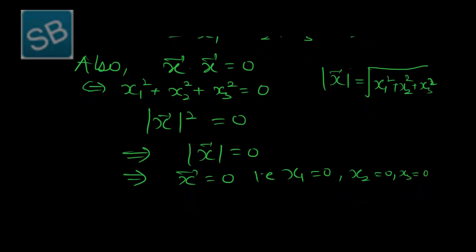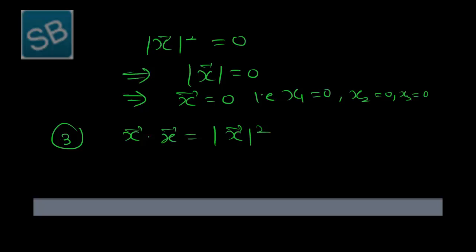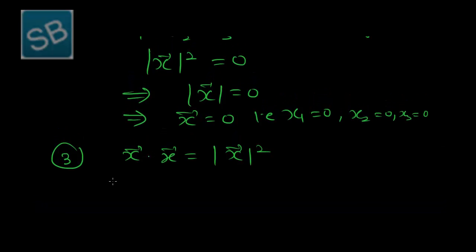So the second property is x dot x is equal to modulus x square. As we did in the earlier part, x dot x is equal to x1 square plus x2 square plus x3 square.